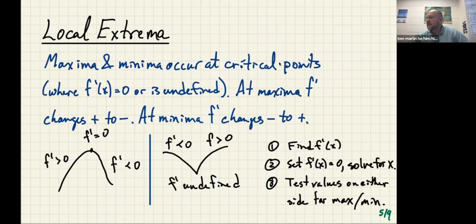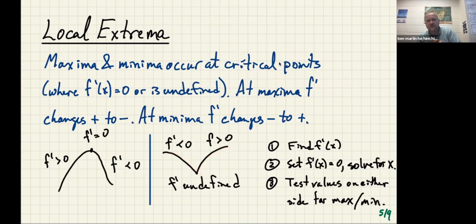All right, our next bit here is what we refer to as finding a local extrema. So all we mean by local extrema is something like this on a graph, that you have the top of a bump or you have the bottom of a bump, bottom of a valley.